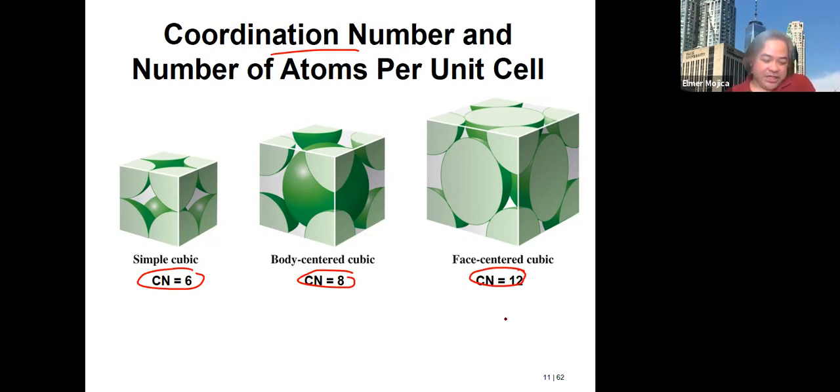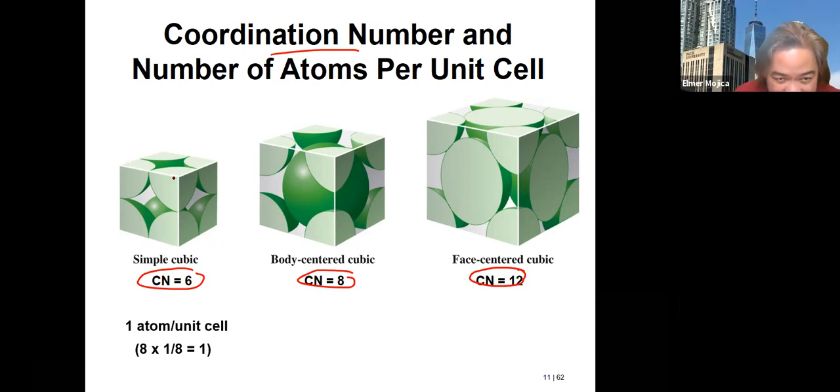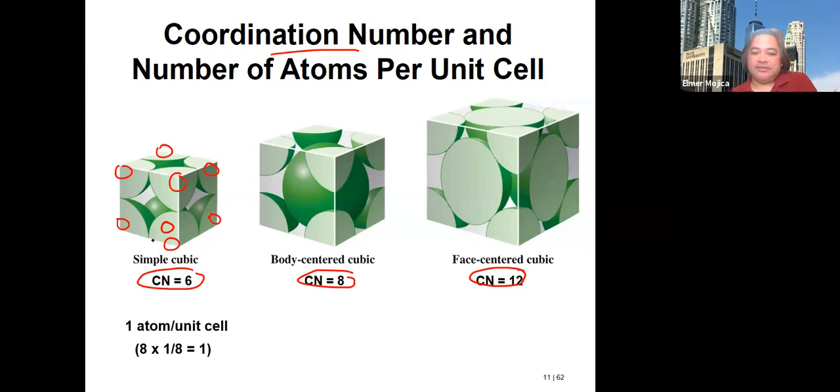In addition to that, you should be able to tell how many atoms you have per unit cell. In a simple cubic, you have 1. Why? You have 1, 2, 3, 4, 5, 6, 7, and then 1 there, 8.